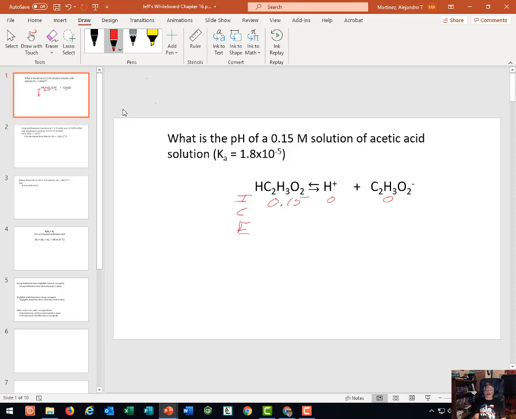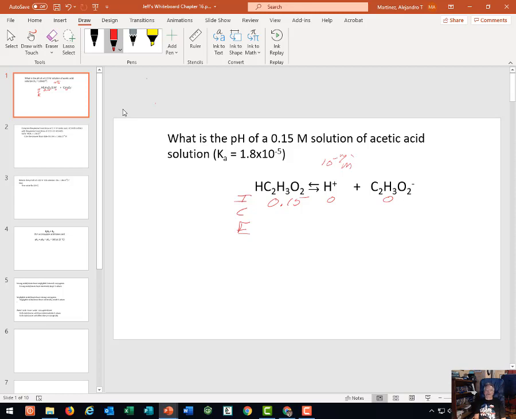If we account for the autoionization of water, we could have a concentration somewhere in the neighborhood of 10 to the minus 7 molar. But we're going to ignore any contribution that water makes to the hydrogen ion concentration. We'll treat it as a 0, and 0 here for acetate as well.